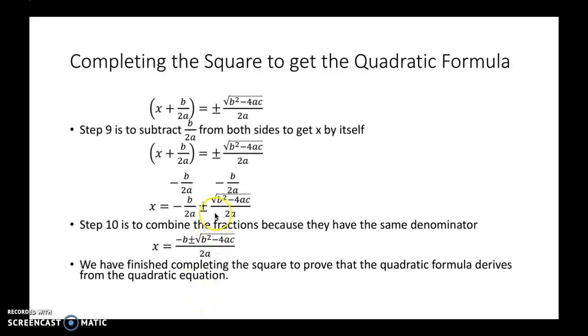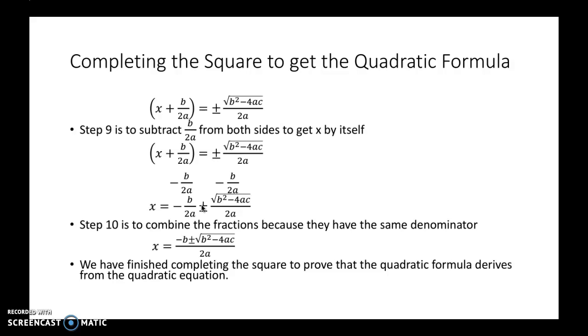Because b over 2a has the same denominator as the other fraction, we can combine the fractions to make it x equals negative b plus or minus the square root of b squared minus 4ac, the whole quantity, over 2a, which is the quadratic formula. So we have now shown that by completing the square of the quadratic equation, we can get the quadratic formula.